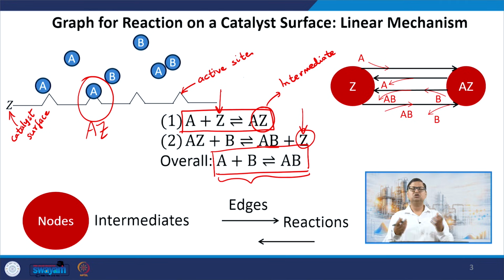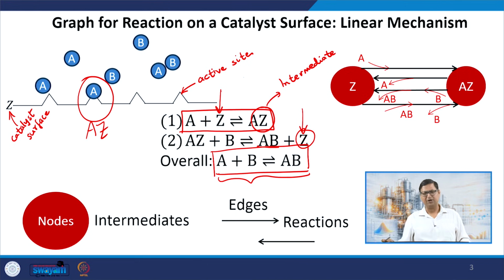These nodes interact to give rise to the chemical reaction, and then eventually the products are formed and they go away, right? So, in that case the active site Z is also considered an intermediate in some sense, or a node of the graph, and the AZ, which is A adsorbed on Z, is also considered a node.